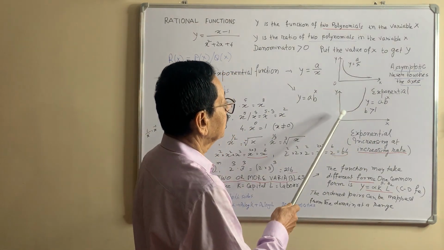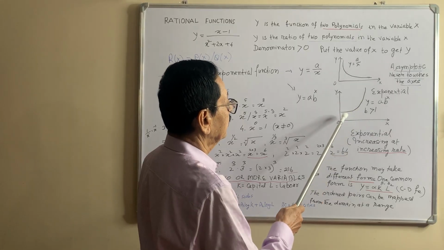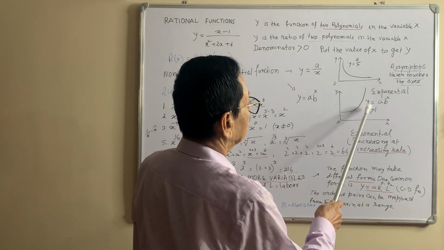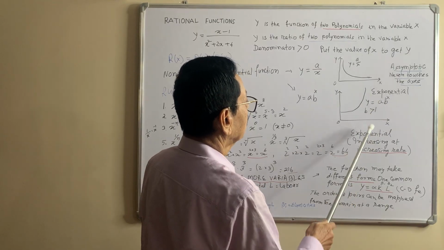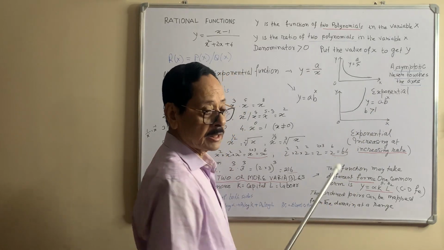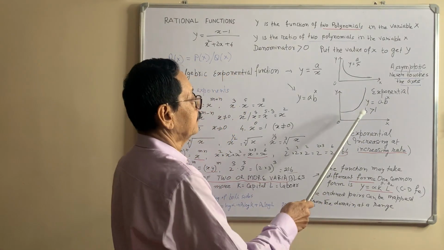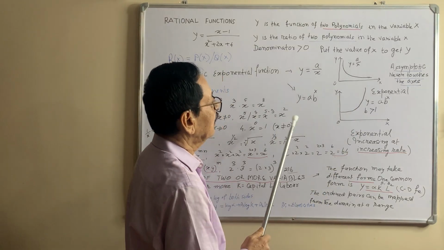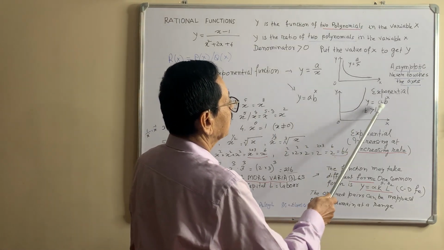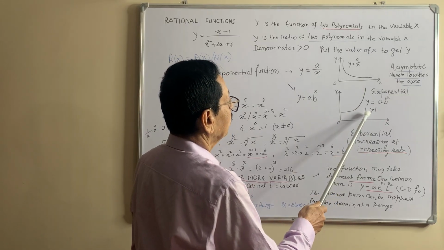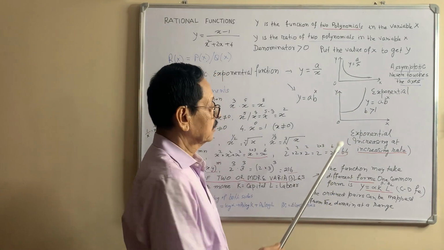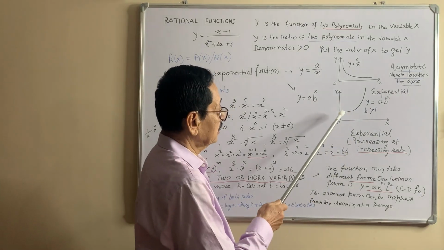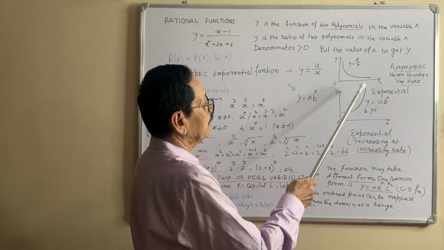So the nature of this curve is that it increases at increasing rate. Generally b is greater than 1 in this case. As we discussed earlier, a is the intercept and b is the rate of change. So when b is greater than 1, it is increasing at increasing rate.